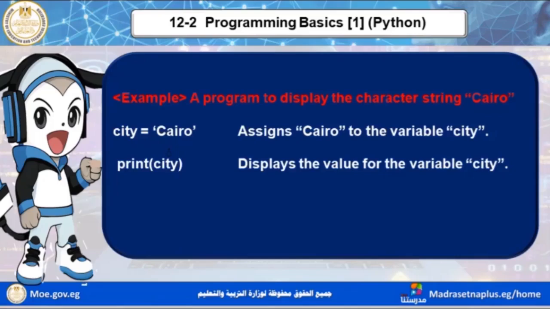If we follow the first command by a second command, print(city) means open the variable city, get out the value inside it, which is Cairo, and display this value on screen. So print(city) here displays the value of the variable city. And we have a notice here: equal here doesn't mean equality as in math.